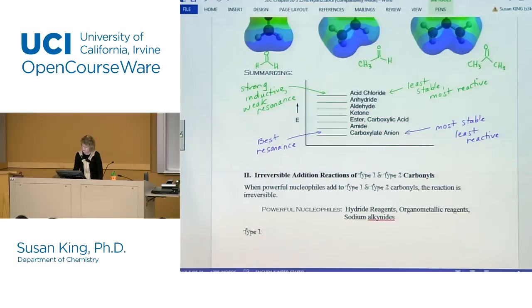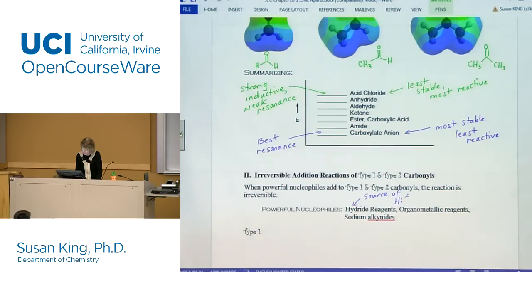All right, so now we've talked a lot about reactivity. Now we're ready to move into talking about reactions. In this chapter, we're going to focus on irreversible addition reactions of type 1 and type 2. When powerful nucleophiles add to type 1 and type 2, the reaction is irreversible. So we have hydride reagents, a source of H-.